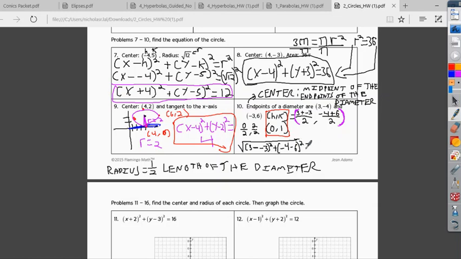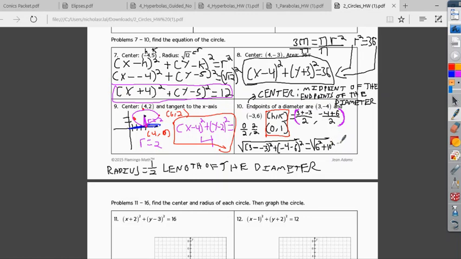That's equal to the square root of 6 squared plus, since negative 4 minus 6 is negative 10, 10 squared.